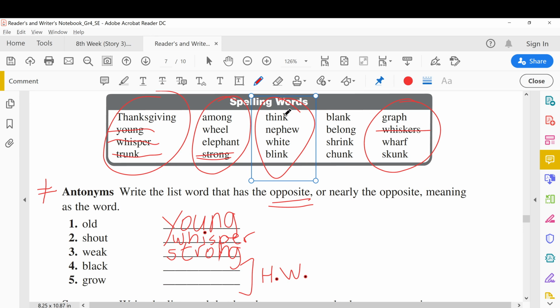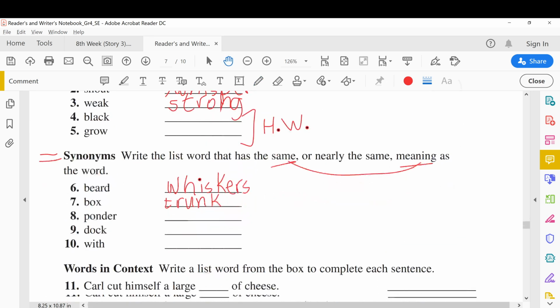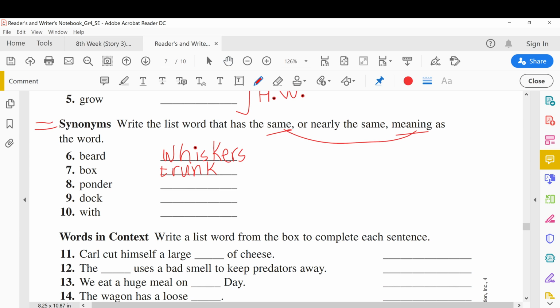All right, the word we are looking for is think. To think. It's always good to think before you speak. Think. All right, those two easy words are for you to have fun with.